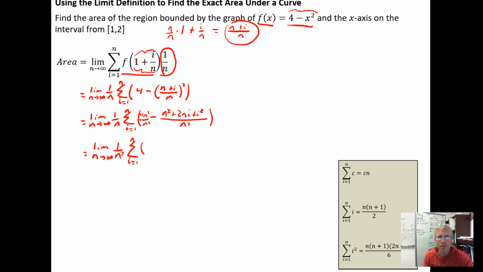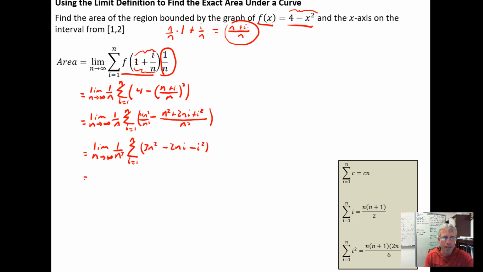This minus needs to distribute into each of the terms. So I'm going to get 4n squared minus n squared is 3n squared, minus plus is going to be minus 2ni, minus plus is minus i squared.